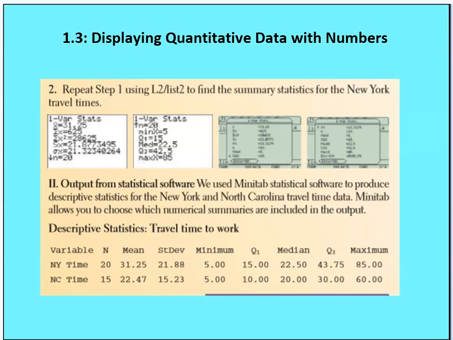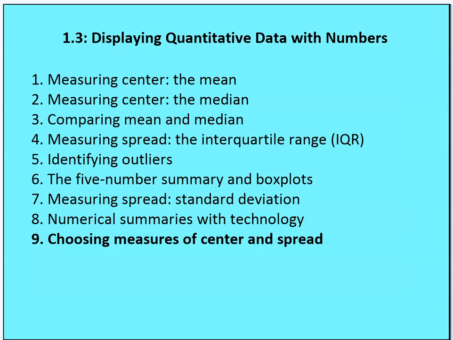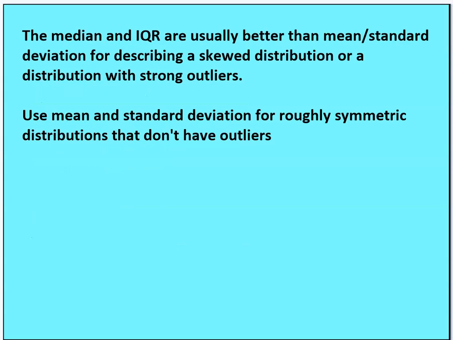So this brings us to our last issue, choosing between measures of center and spread. Very simply, for the most part, if the distribution is skewed right or left, then the median and IQR are usually better than the mean and standard deviation.